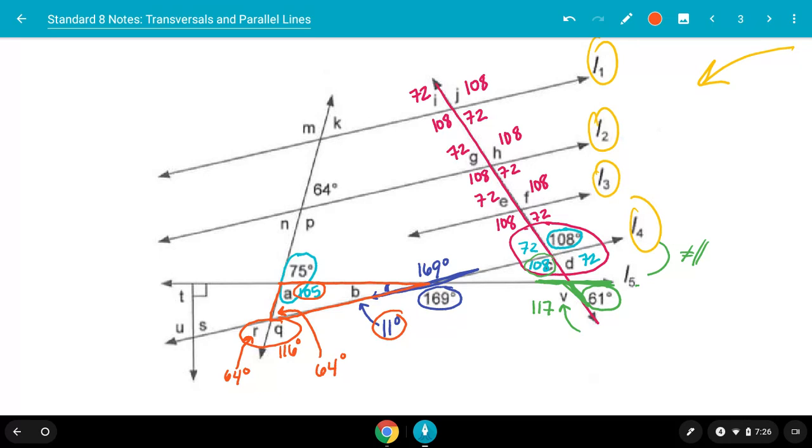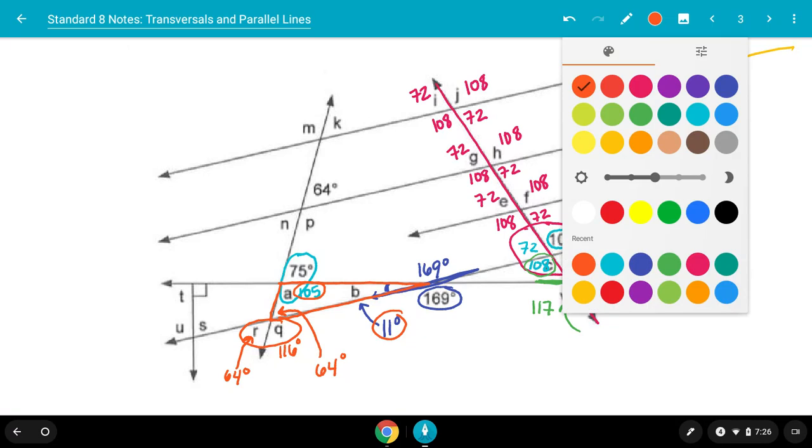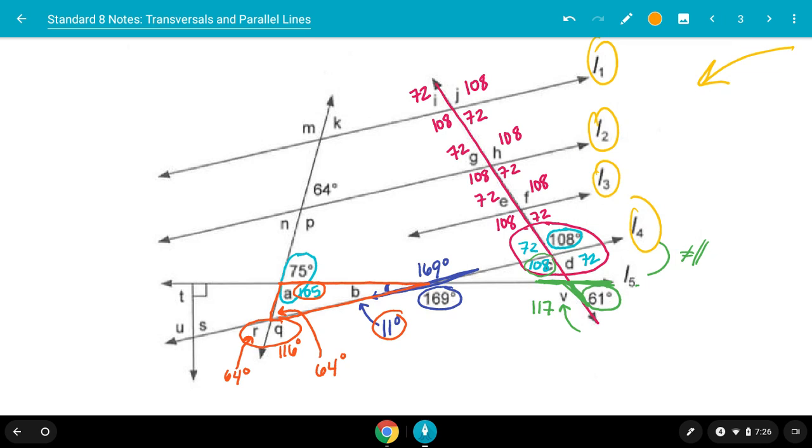How do I figure out S? Ooh, S is tricky, you guys. Watch this. This is good stuff. Do you guys see this humongous triangle? And we know two of the angles. We know that angle B is 11, and we know that that angle is 90 degrees, don't we?